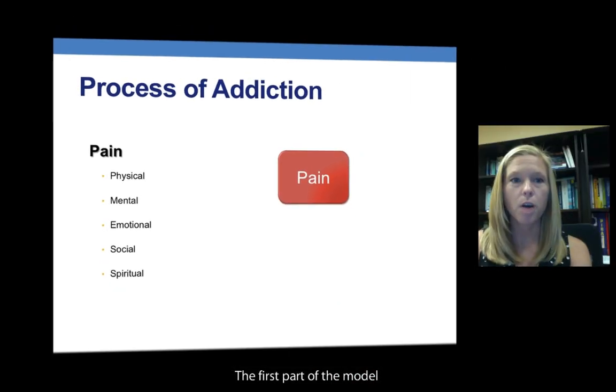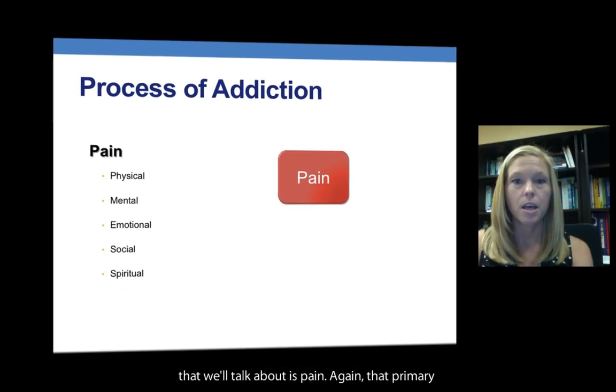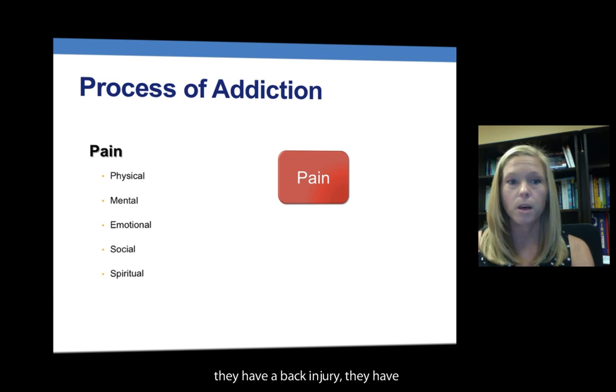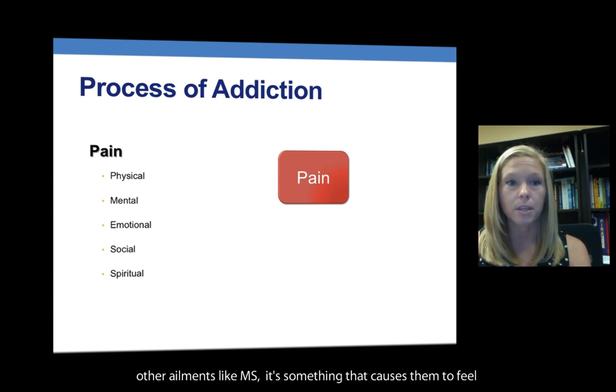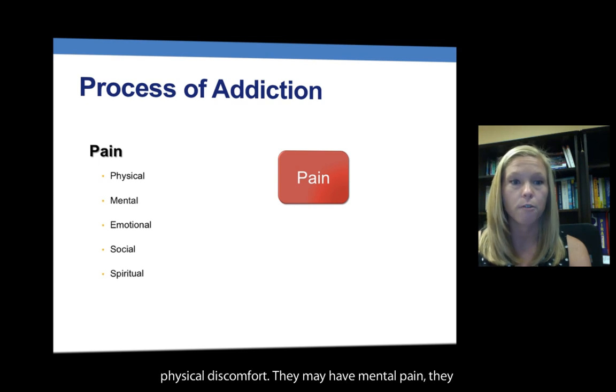The first part of the model that we'll talk about is pain. Again, that primary assumption of the process model of addiction is that everyone experiences pain. And this could fit into different categories. So physical pain: an individual has chronic pain, they have a back injury, they have other ailments like MS, something that causes them to feel physical discomfort.